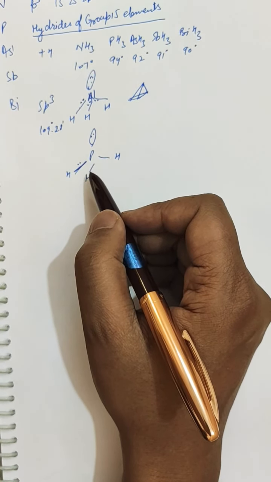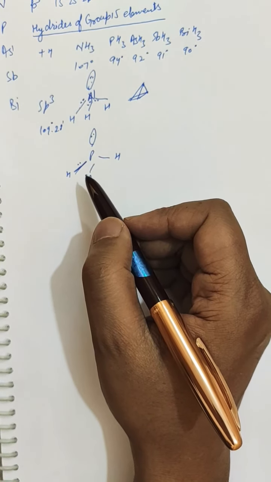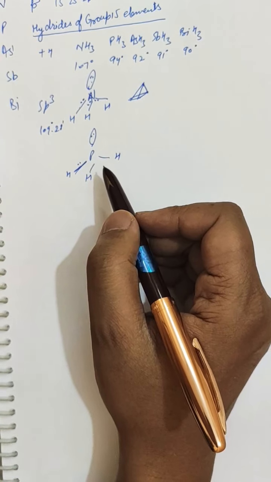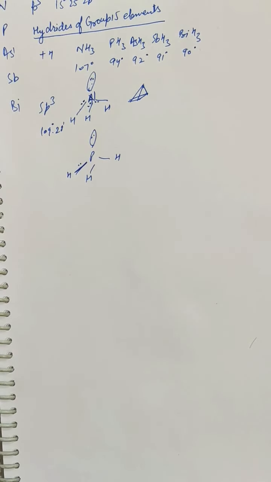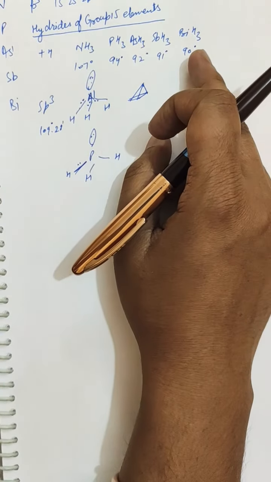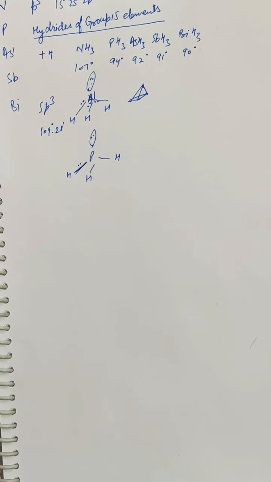So the force of repulsion between bonded pairs in NH3 is more than in PH3. In general, the force of repulsion between bonded pairs of electrons decreases as we move from NH3 to BiH3, and therefore the bond angle also decreases in the same order. So that's why the bond angle decreases down the group.